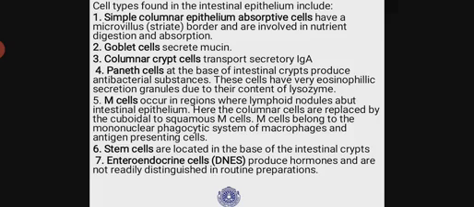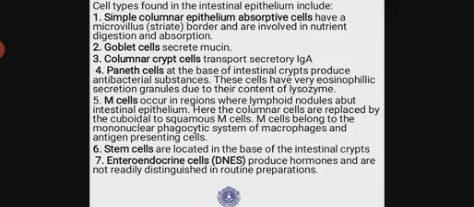Coming to the next type, M cells, which occur in the regions where lymphoid nodules abut the intestinal epithelium. And here the columnar cells are replaced by cuboidal to squamous cells, and the M cells belong to the mononuclear phagocytic system of macrophages and antigen presenting cells.